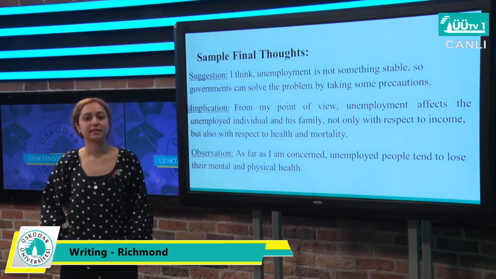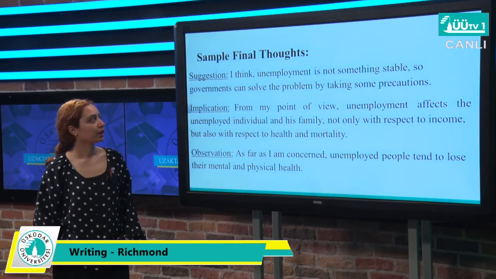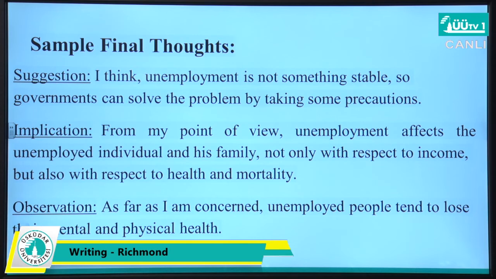Let's look at some sample final thoughts. So if we are given a suggestion, we can say, I think unemployment is not something stable, so governments can solve the problem by taking some precautions.